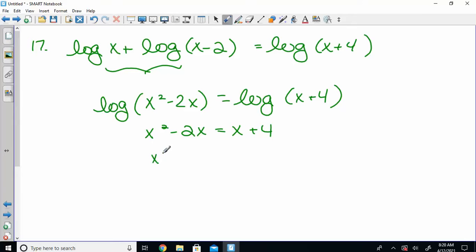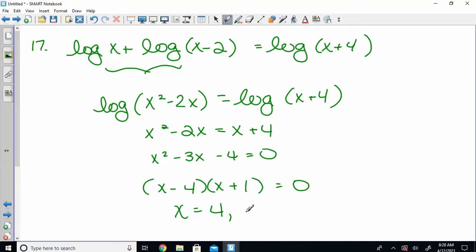So we can subtract our x, subtract our 4, and then what would we do? Box method. Multiply a negative 4 and add to negative 3 would be a negative 4 and positive 1.